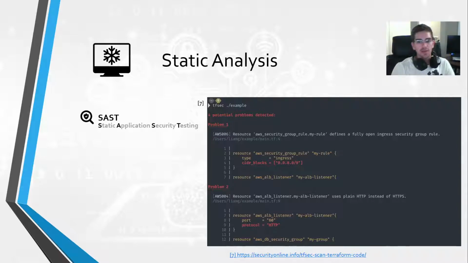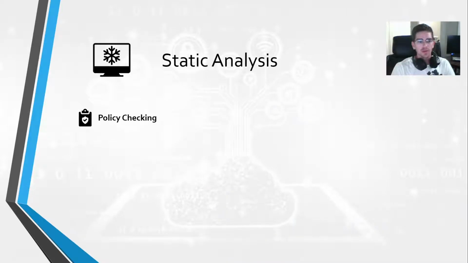Here's a suggestion: you probably shouldn't have your security group open to every single IP in the world. Maybe you should restrict it to only the IPs that you're expecting. So that's a sample of security rules.